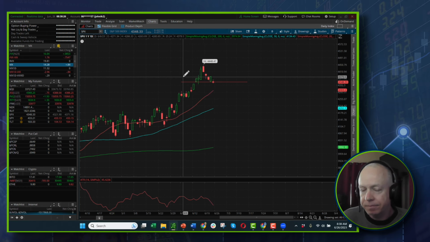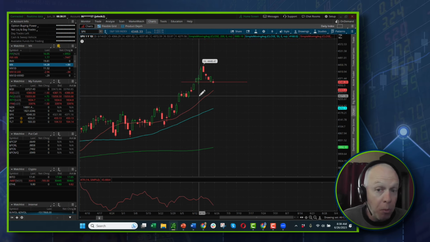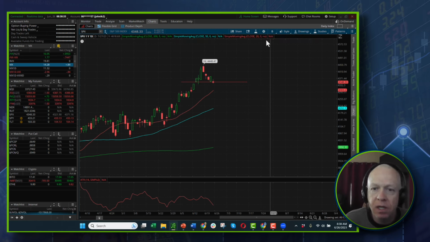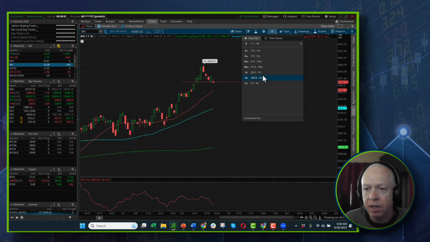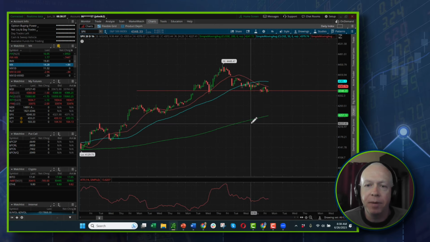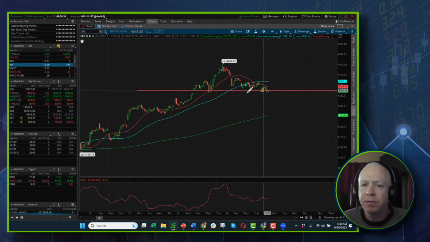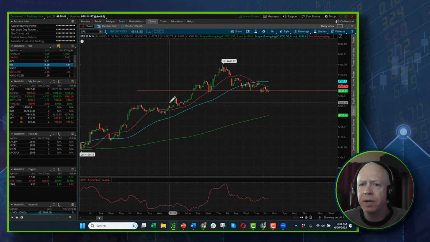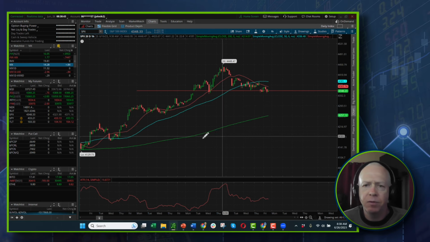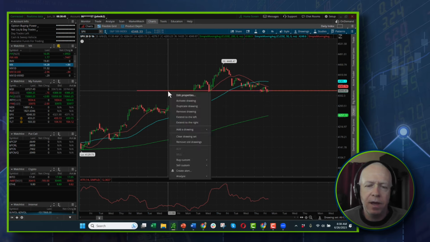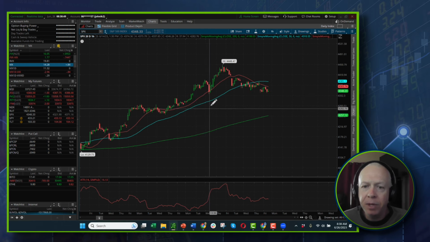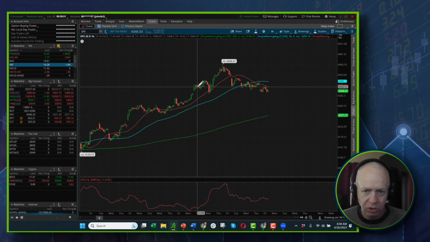To analyze this more appropriately, I'd actually be in what we call an hourly time frame. So we have something different here in an hourly time frame. You can see different information playing out. What we have in an hourly time frame is a fairly obvious head and shoulders pattern.